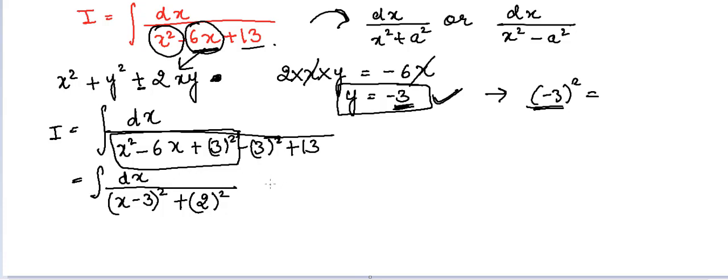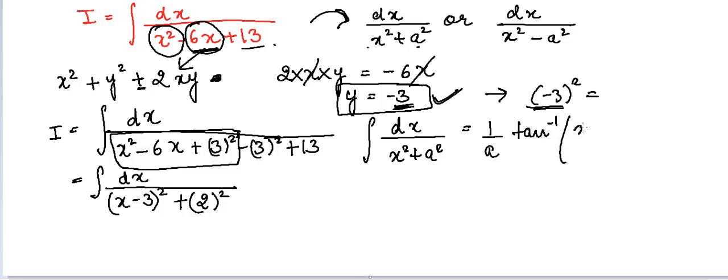Now you know the basic formula. If you have dx upon x square plus a square, then you know the formula: it's 1 upon a tan inverse x by a plus c. Now you can see this is your x and this is your a.